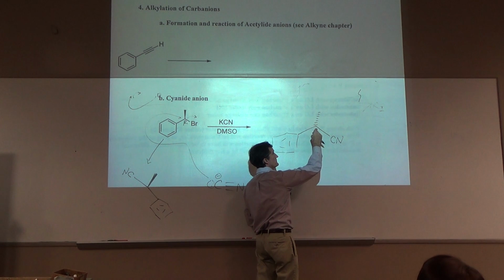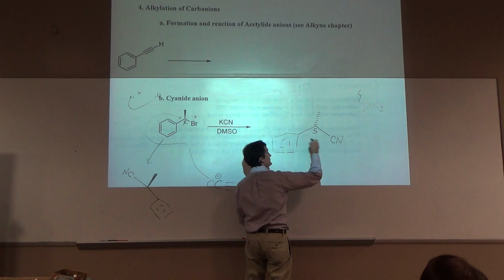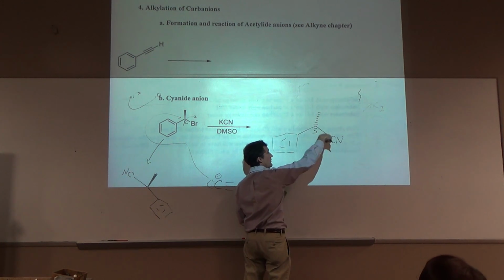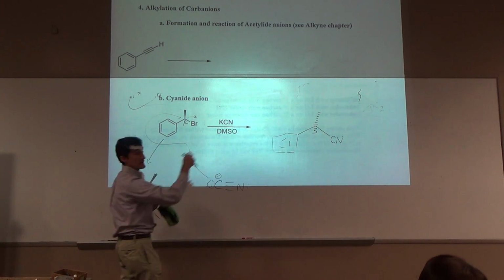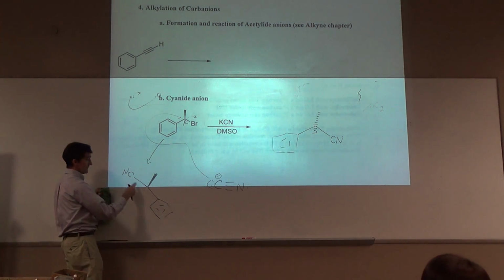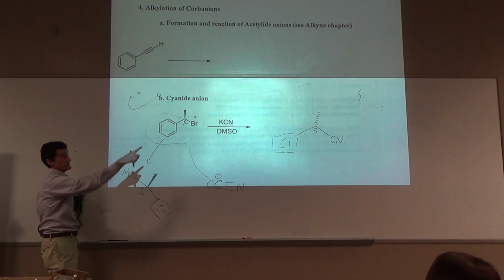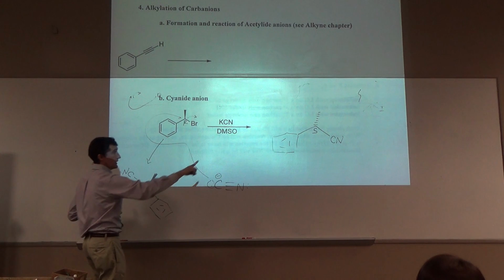What is it now? Now S. This is 1, that's 2, that's 3. We're going clockwise, but the H is forward. That's S. R became S, inversion. What is this? It's also S. Those are the same thing, however you want to show it. But one way to get inversion is you can switch one existing dash and wedge to the other. So that's what I did.